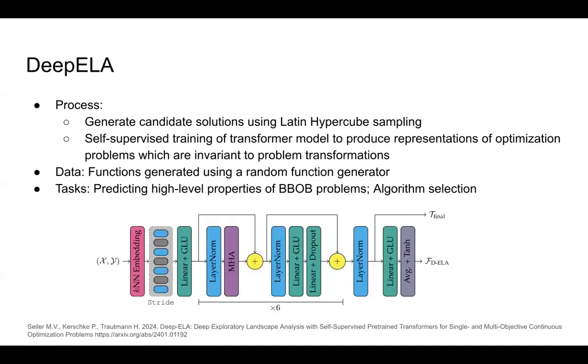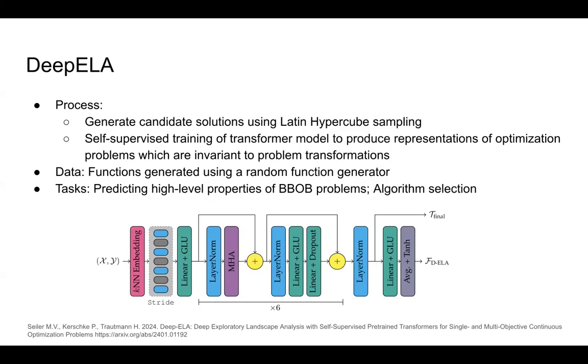And there are finally the deep ELA features, which are also transformer-based, but they're trained in a self-supervised manner. So the goal here is to train the model in such a way that it will produce similar embeddings for similar functions, which are not sensitive to some problem transformations.